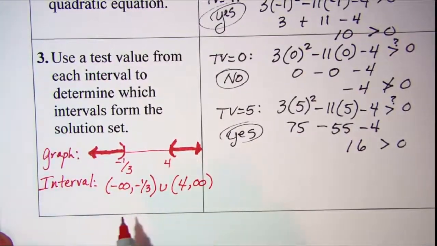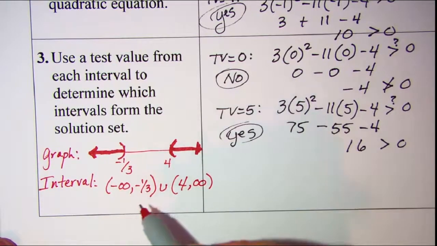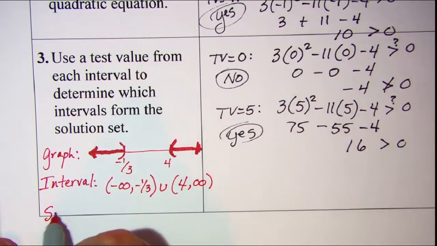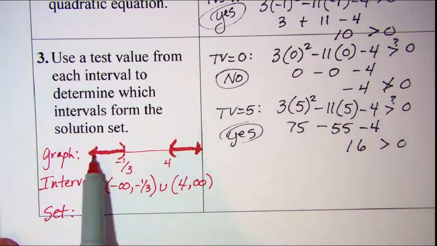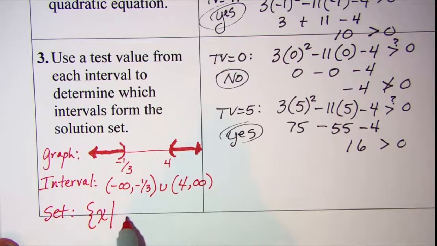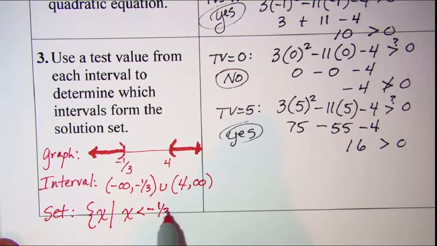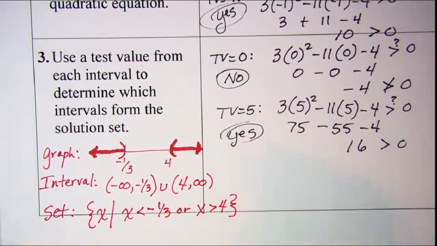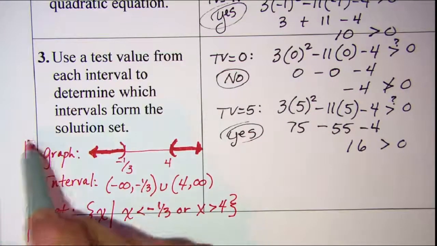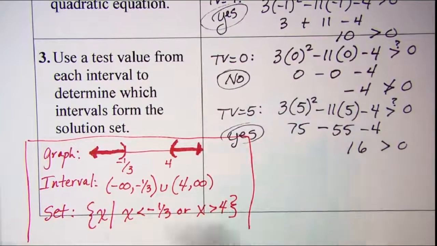And then another way to show it would be set notation. If we wanted to show our solution with set notation, we would say the set of all x's such that x is less than -1/3 or x is greater than 4. So these are ways to show our solution for this inequality.